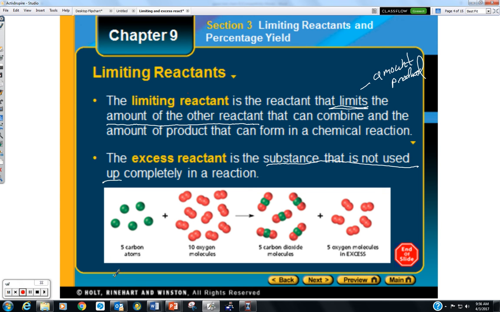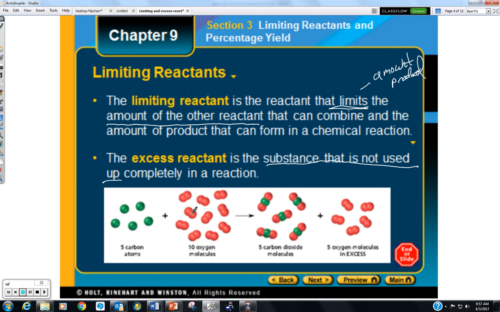So looking at the diagram down at the bottom, we have 5 carbon atoms and we have 10 oxygen molecules. We're looking at a reaction where carbon and oxygen combine to form carbon dioxide. Carbon dioxide is CO2, so it's going to be 1 carbon for every 2 oxygens.